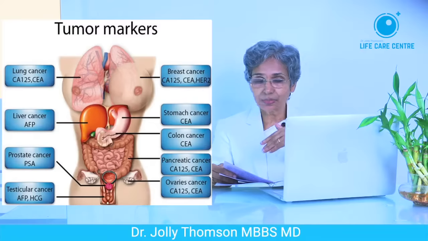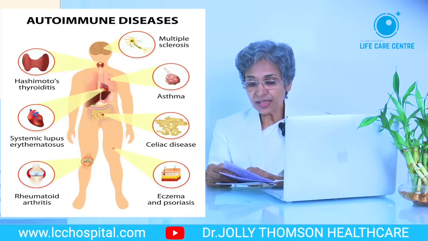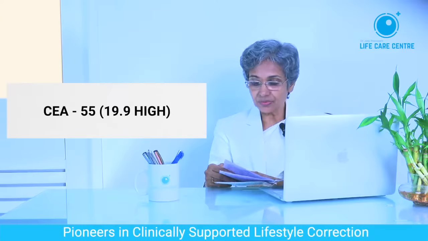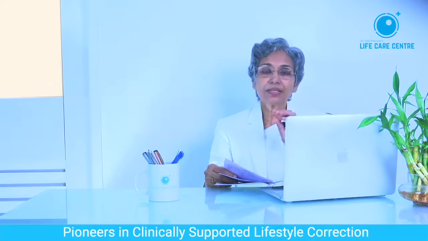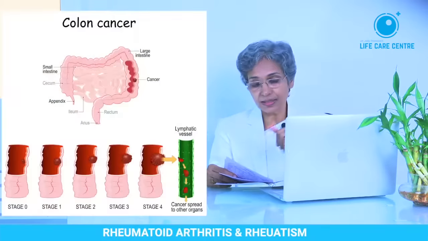We usually also check the tumor markers to assess the cancer possibility, because of the age and also because there is an autoimmune disease. CA 19-9 is high, at 55. That is mainly a pancreatic marker. The chance of a pancreatic cancer is there, or it can be raised in other intestinal cancers also.